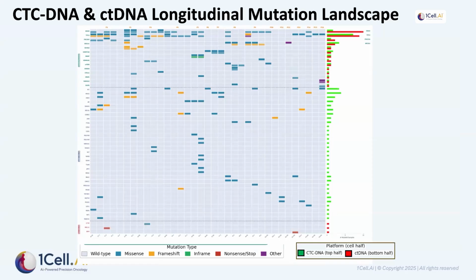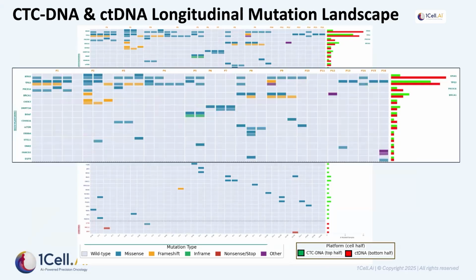And if you go to the right side of the slide, you can see on the y-axis on the right side, the red is ctDNA and the green is CTCs. And we're going to go to higher level magnification, but you can see already from these slides that the CTCs and the ctDNA do not always tell you the same thing. They give complementary information sets.